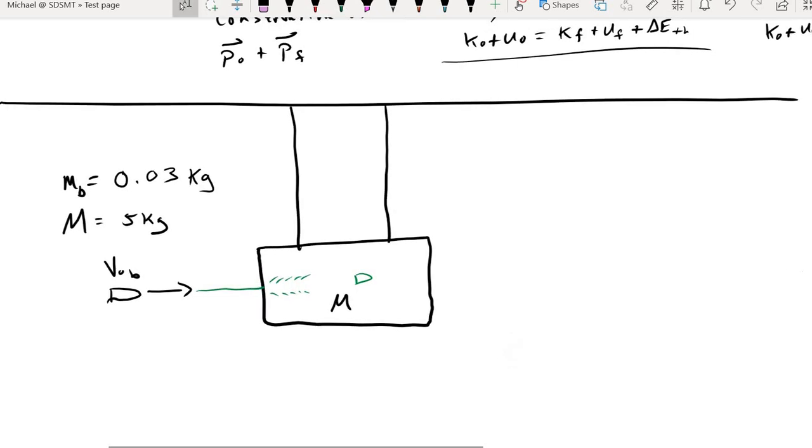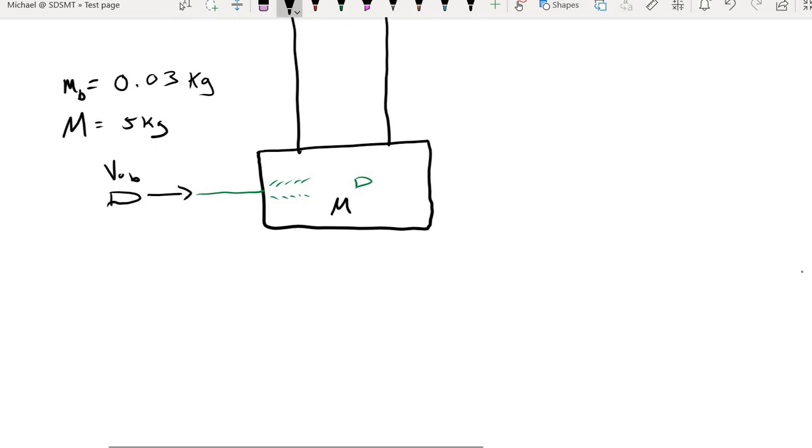And what we're trying to do here is get all of the momentum of the bullet to be absorbed by that log. So right in here there is a collision between the bullet and the log.